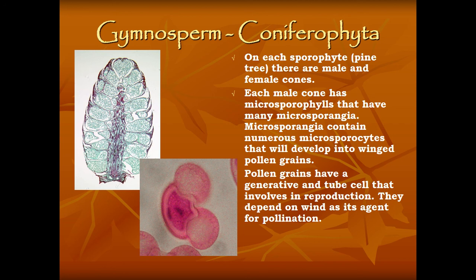Each male cone has microsporophylls that have many microsporangia. Microsporangia contain numerous microsporocytes that will develop into winged pollen grains. So the winged pollen grain has a generative cell and also a tube cell that will be involved in sexual reproduction, and they depend on the wind and also animals or insects as agents of pollination.